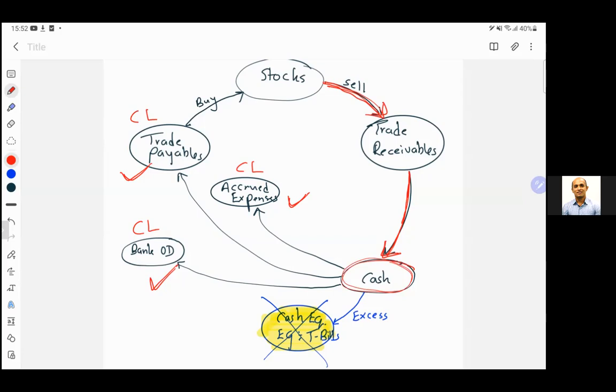So in the cash analysis, you have to analyze cash equivalents and see whether there is any cash equivalent you have kept as securities for your borrowing.